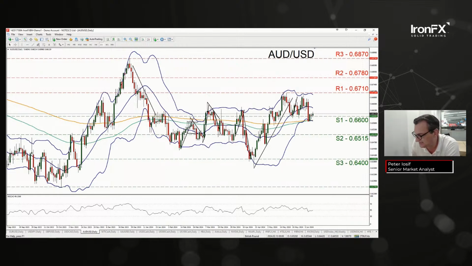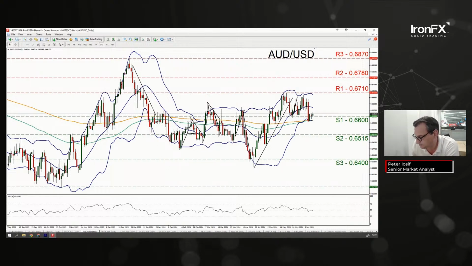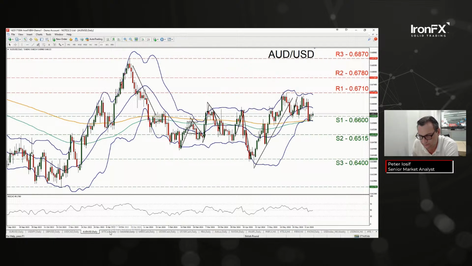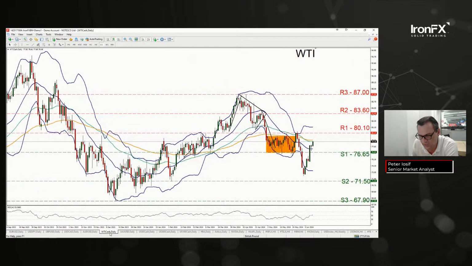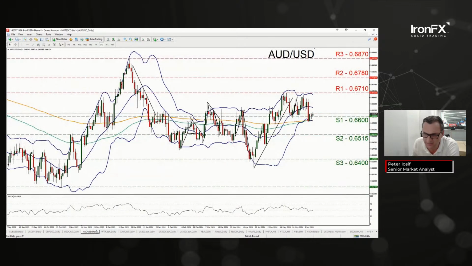Let's have a look at WTI prices. By the way, before we move to WTI, a little bit back to the Aussie. We have mentioned the USD side of the pair. There are, though, fundamentals also for the Aussie. And those would be the release of Australia's employment data for May.